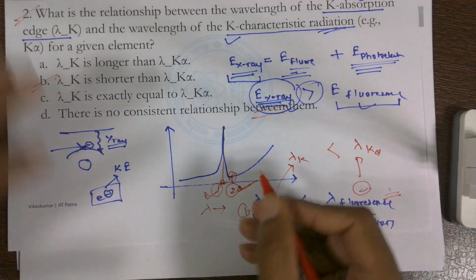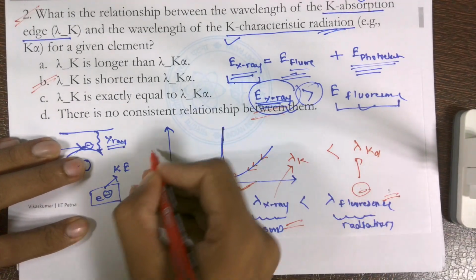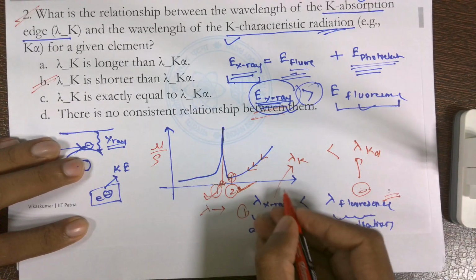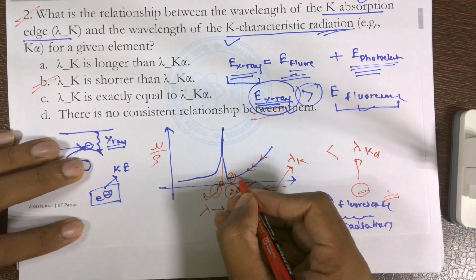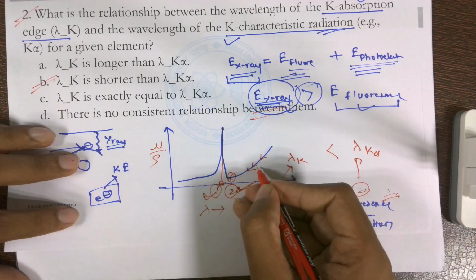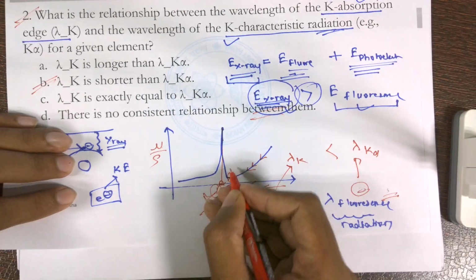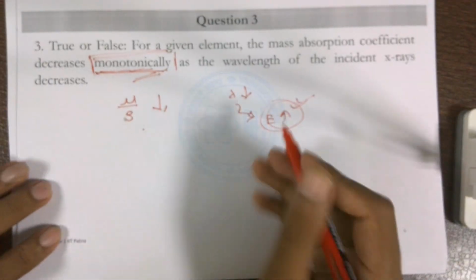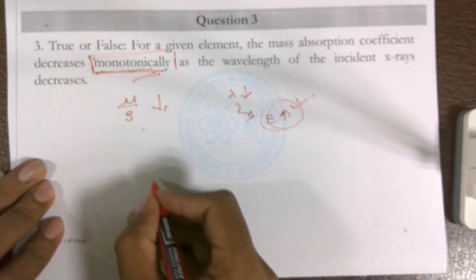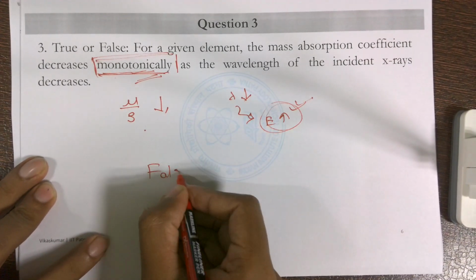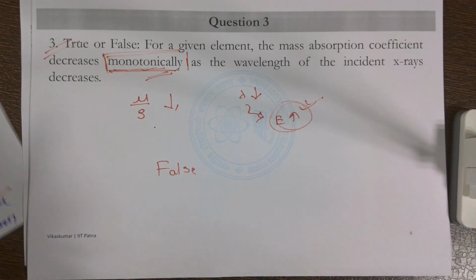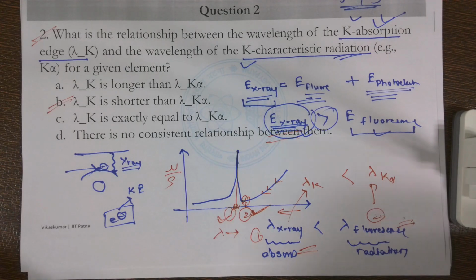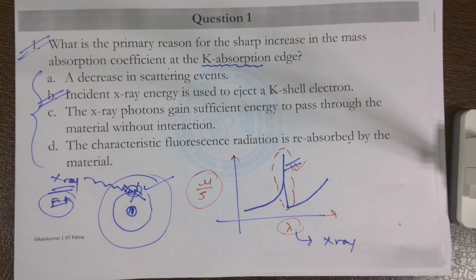Even though mu by rho keeps decreasing as I decrease the wavelength, a point comes where it will have a sharp increase, right? This is the reason why the answer is false. Great. So with that, we have solved these three questions. It was completely the concept of the K edge.